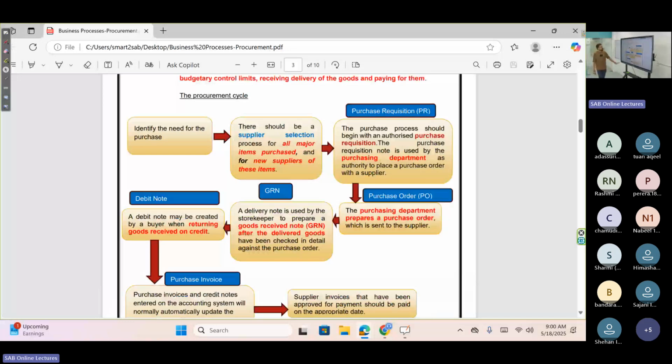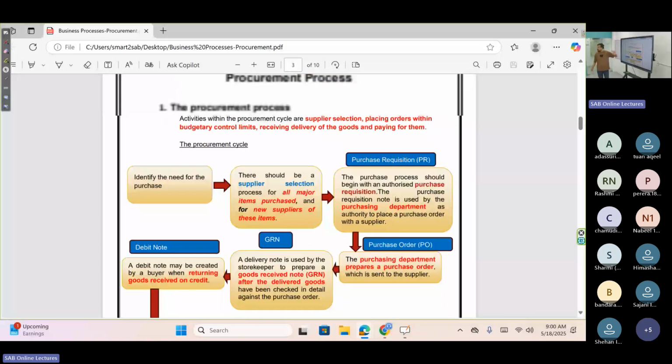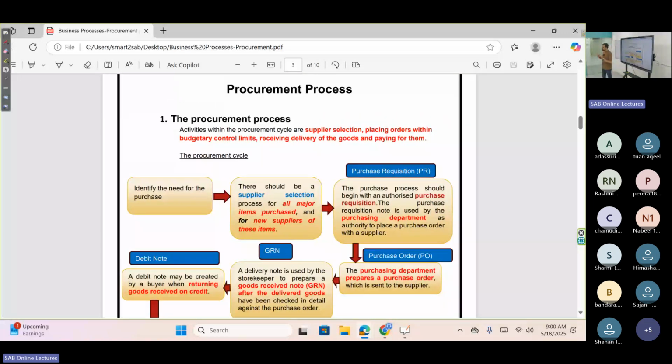So first step, procurement cycle. These are the activities involved in the purchase process or procurement process. Both are the same. Activities within the procurement cycle are supply selection, placing orders, budgetary control limits. We will discuss this separately.